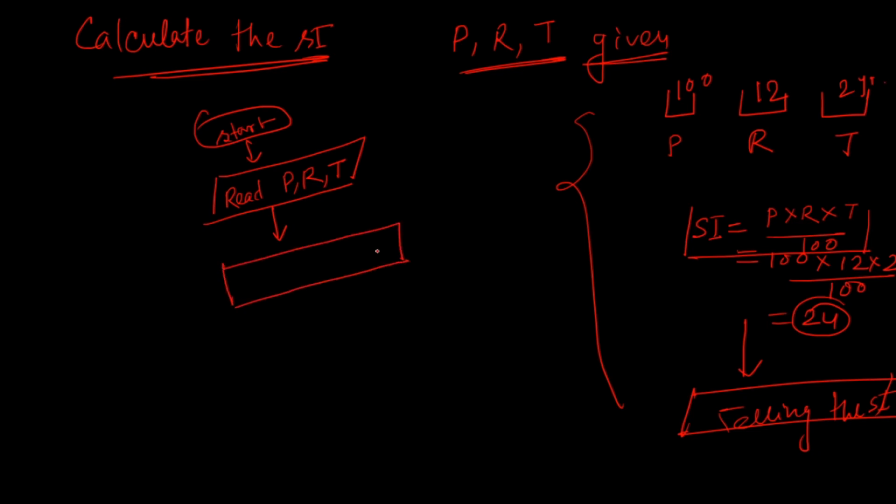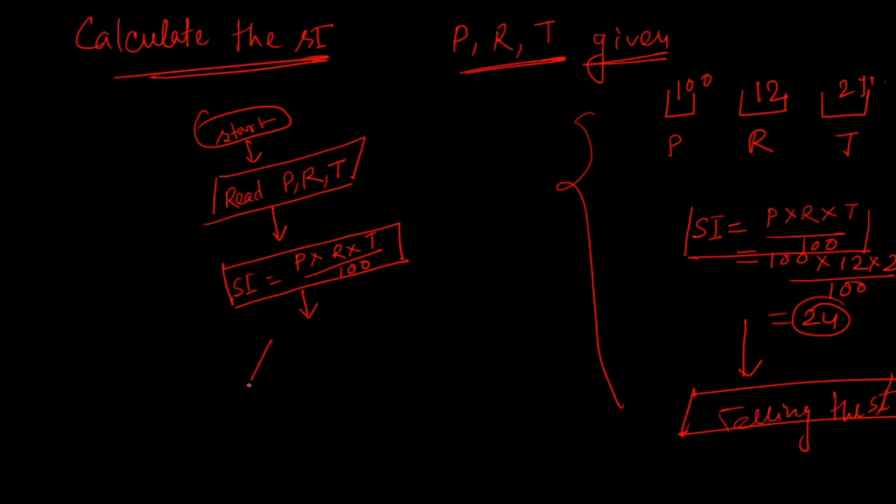We have to apply the formula for getting simple interest. So what is the formula for simple interest? Simple interest equals P into R into T by 100. Okay, now using this formula we will get the simple interest.